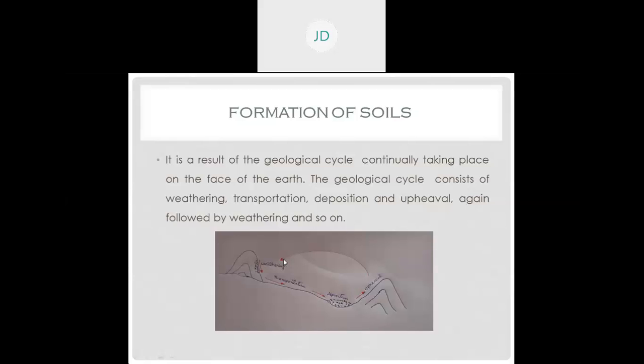Weathering is a natural phenomenon and it can happen in two ways: either physical or chemical. The result of weathering is the breakdown of rock particles from the original parent rock.